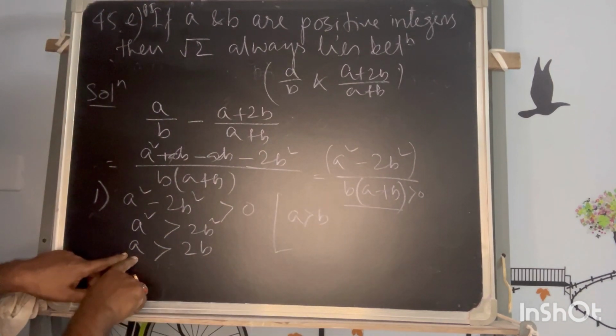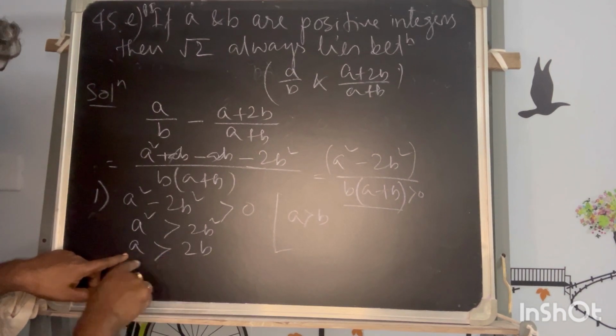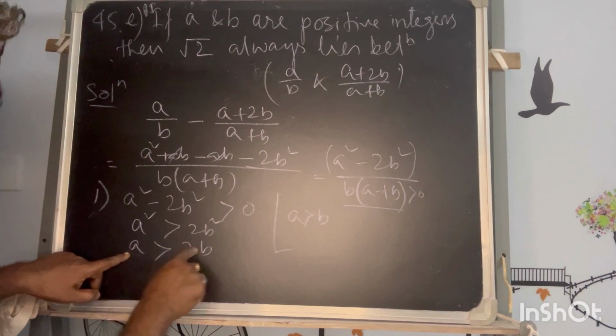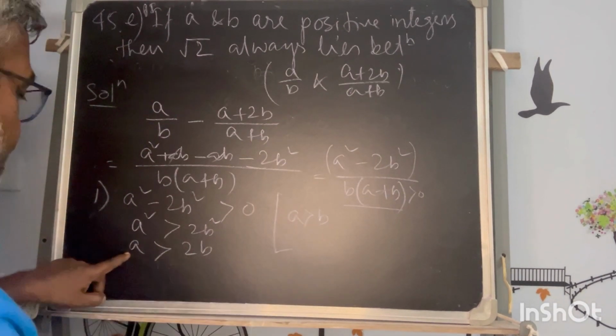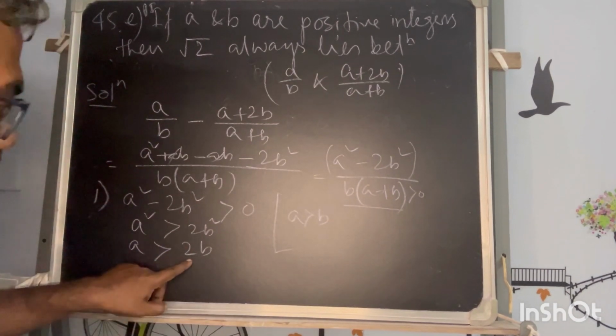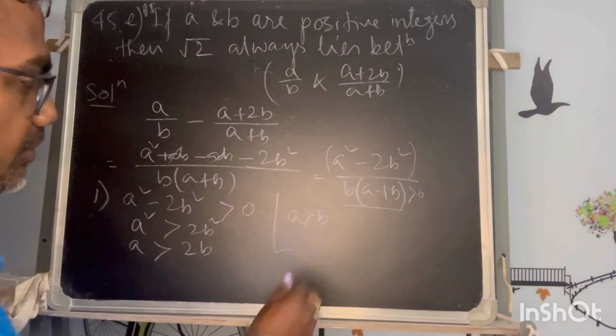So when I do square root, there will be two values, a plus and minus. In that I will take plus because a greater than b I have taken. Okay, so this will sustain a greater than 2b, where a greater than b I have taken.